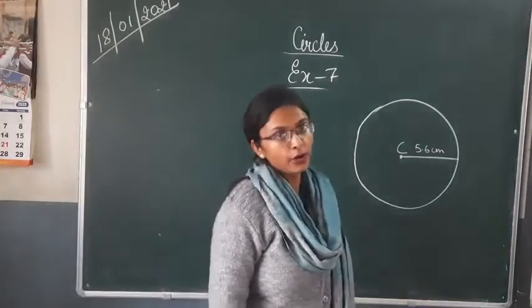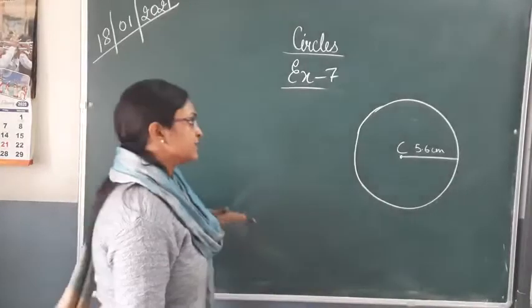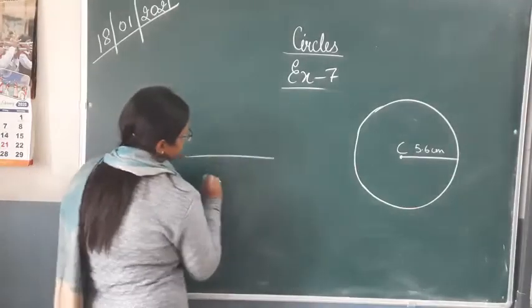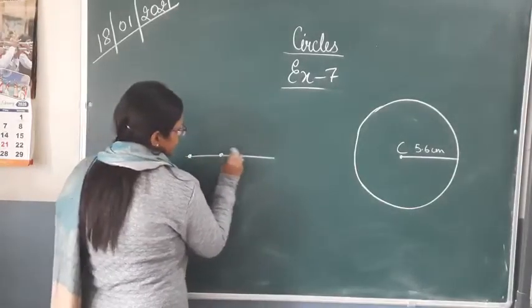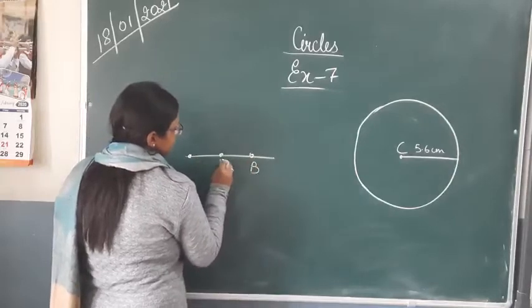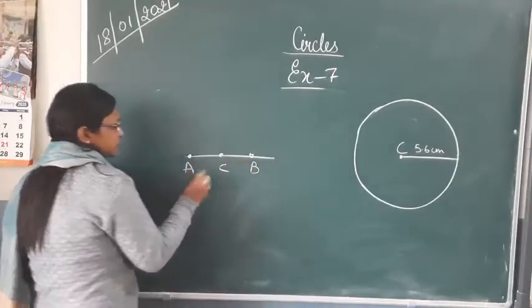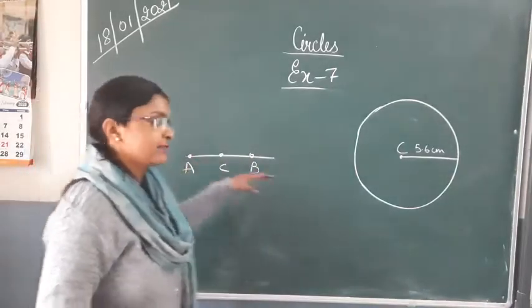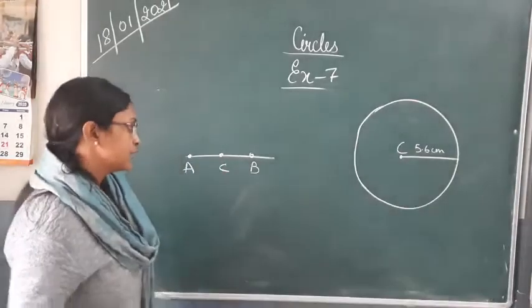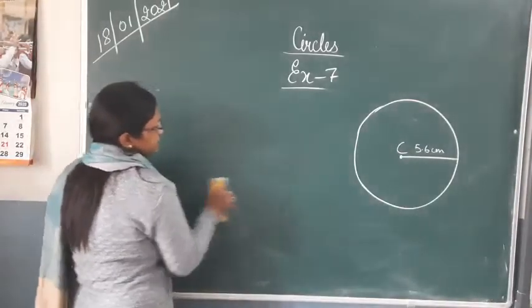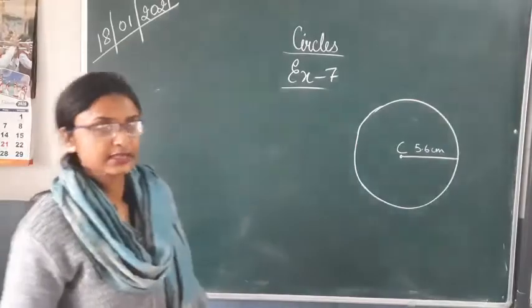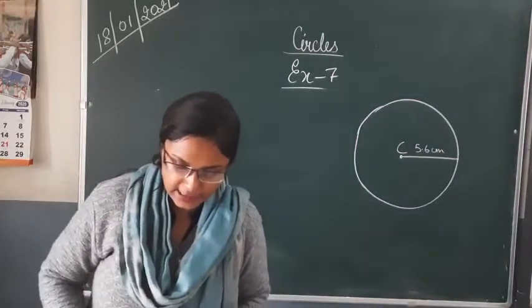Collinear means lying in the same line. If the 3 points A, B and C are collinear, that means these 3 points lie in the same line.